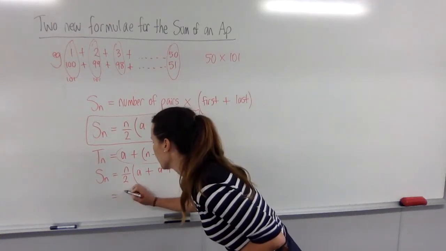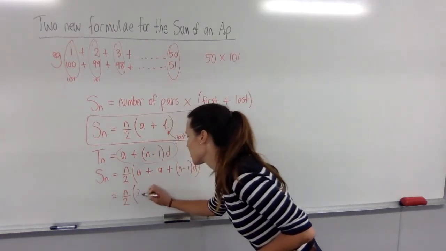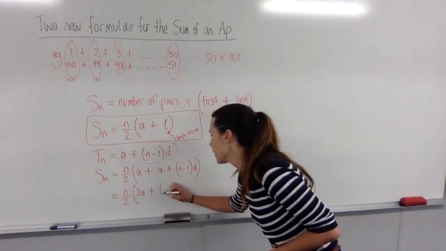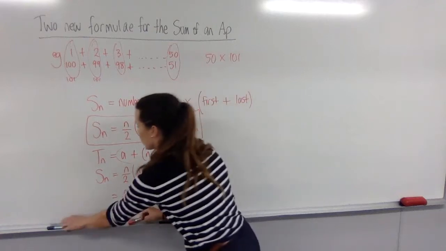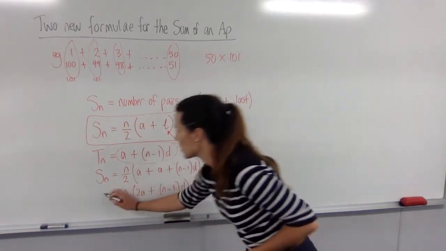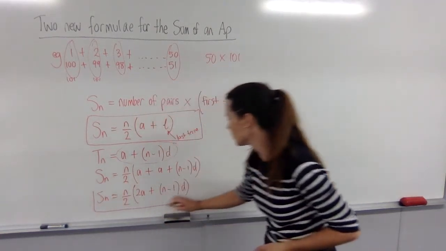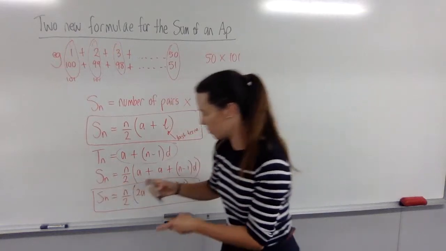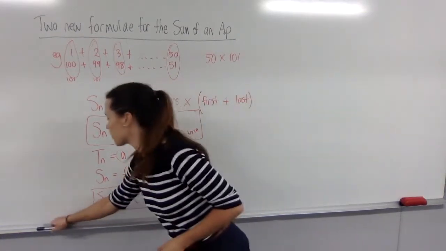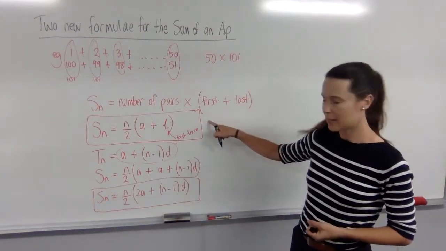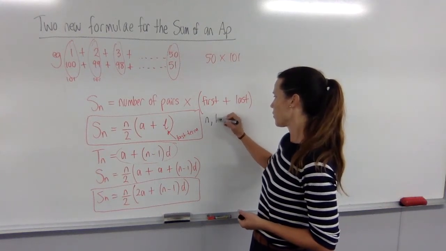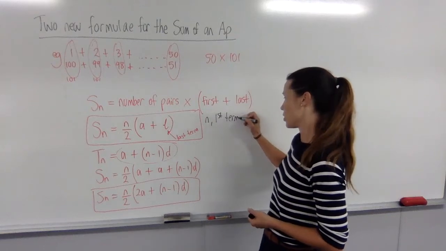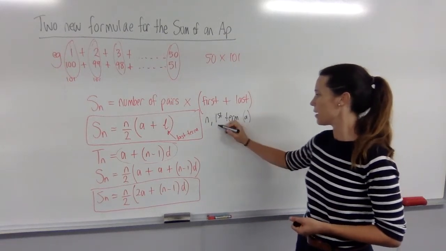Tidying it up, we've got a plus a is 2a, and we come up with this formula. So here we've got our two formulas then. Let's call this one Sn as well. Now, the first formula would be super easy to use if you have n and the first term, which is a, and the last term.